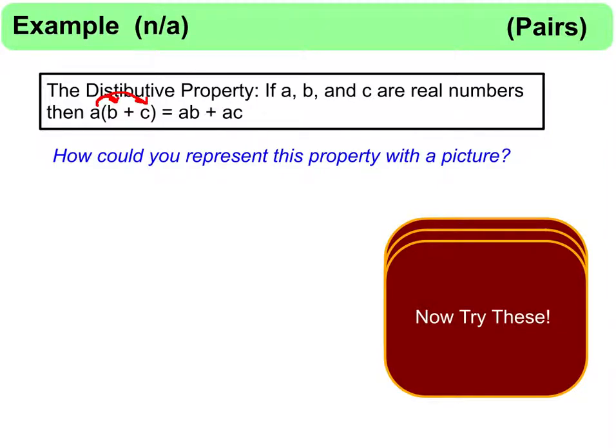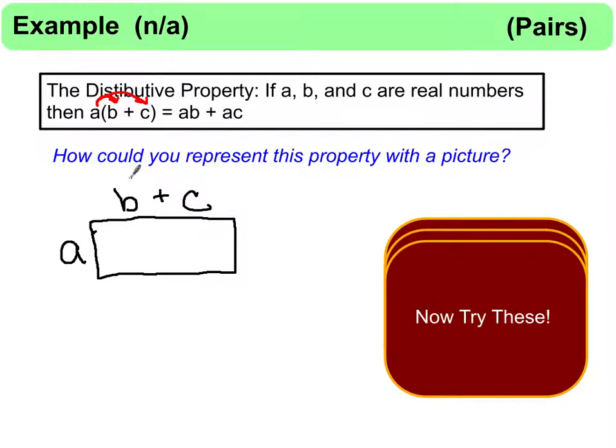And so I can take this notion from geometry that I could draw a rectangle or a box, and this idea of length times width, where I would write my A here and then my B plus C, defining this as length and describing this side here as my width.